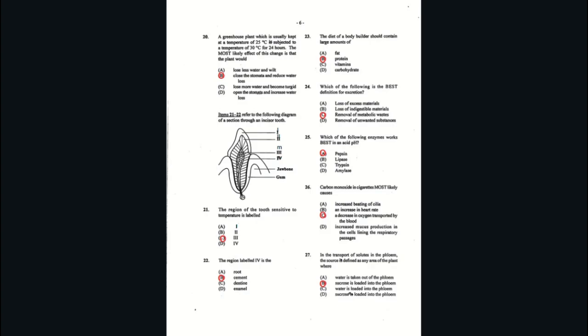But basically, the source and the sink: the source is a part of the plant where the sugars are loaded into the phloem, and the source is usually the leaf, and the sink is usually the root, right? So it's loaded into the phloem, right there, and then obviously with some help from the xylem and some water and stuff, we get the sucrose moving and we get it transported within the plant, right?